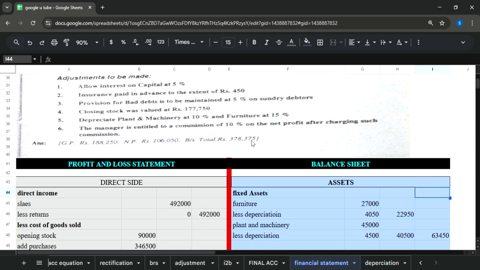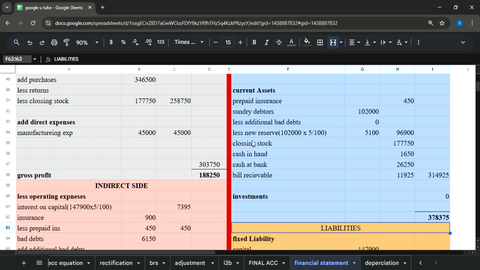378,375. Have you seen that this question is solved directly? I'm honestly telling you, there was no editing, no break, direct question was solved. And you can see that without any editing, without any change of amount, we have got all our answers.